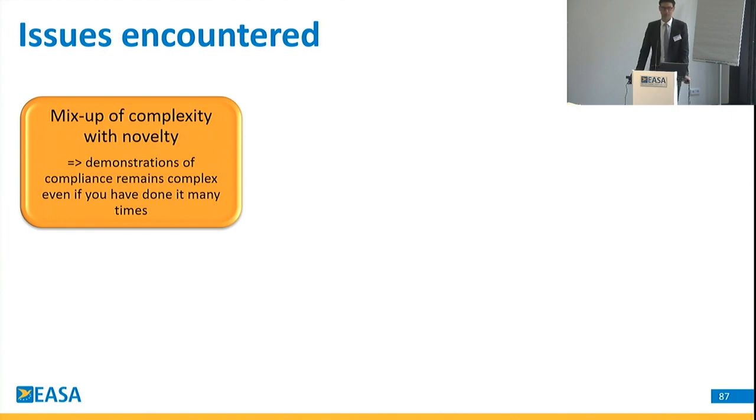However, the compliance demonstration itself was nevertheless complex because you had a human machine interface aspect. You had to have several flight crews check this new function, and by this it is subjective, it is considered as complex. Independently, if you do it 100 times and always the same people perform this, okay, then it's not novel, maybe you have a good performance, but it stays complex.